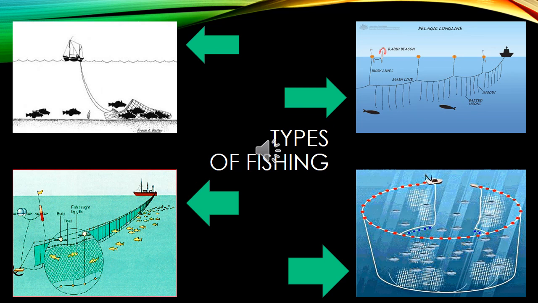So 1/3 is actually eaten. 1/3 goes to things such as fish oil and other byproducts. The last third of this is bycatch, and in many cases, the organisms that are caught as bycatch end up dying before they can be placed back into the ecosystem.